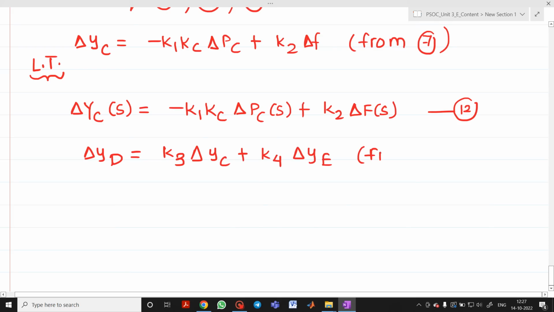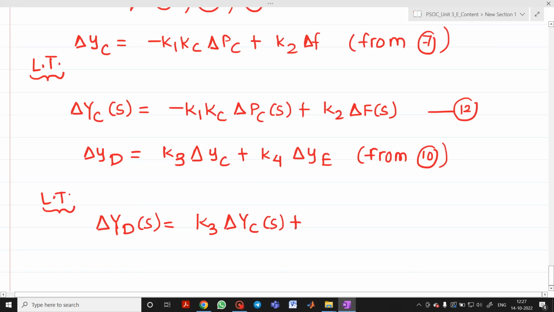So again we are taking the Laplace transform. What will we get? Delta yd of S, here we are taking capital Y, will be equal to k3 into delta yc of S plus k4 into delta ye of S. Let me take this as equation number 13.